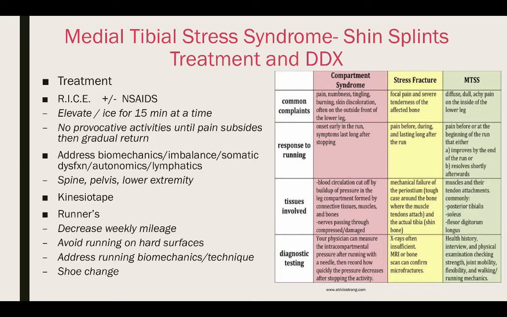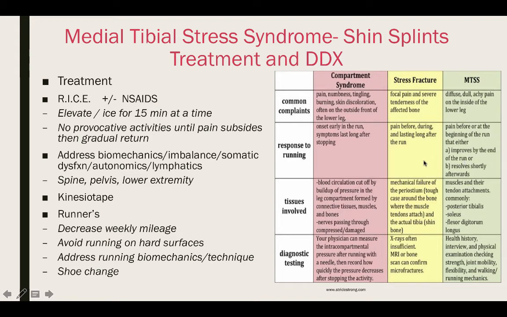And then here's a little chart about how you can help differentiate compartment syndrome from stress fracture from shin splints. A lot of it's going to be focal severe pain at the bone versus diffuse achy pain. Response to running, it'll be pain before, during, and after, versus sometimes it gets better.